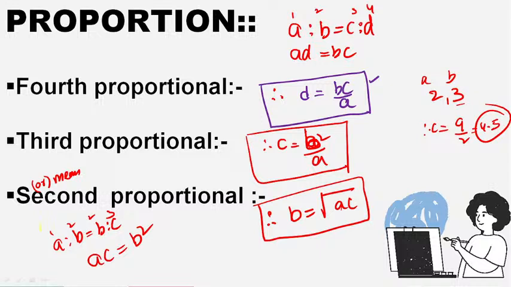What is the fourth proportion formula? D is equal to BC by A. What is the third proportion formula? C is equal to B square by A. What is the second proportion or mean proportion formula? B is equal to root of AC. Clear, guys, all of you? Any doubts regarding these three formulas?